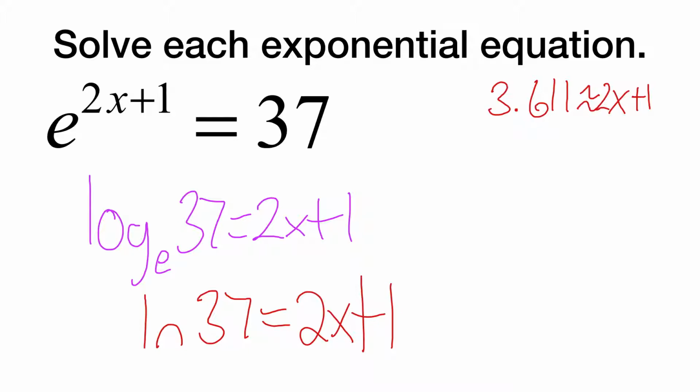That means 3.611 becomes 2.611, which is approximately 2x. Then I would divide by 2. And I would get 1.305 is approximately x.